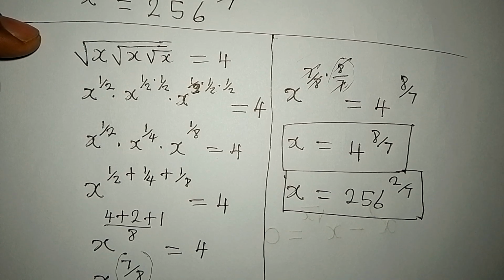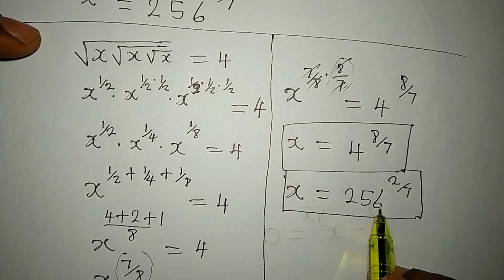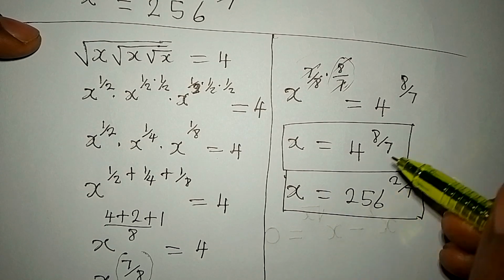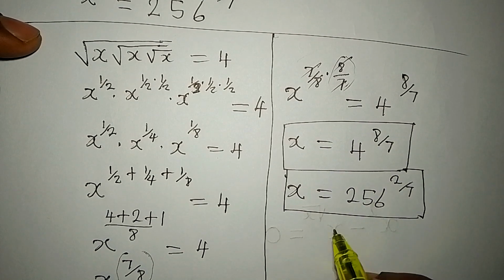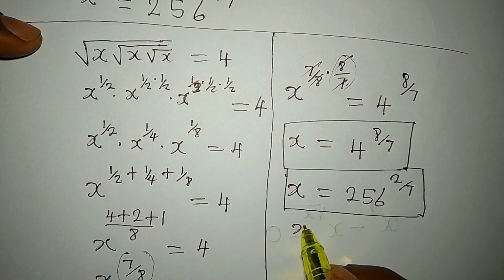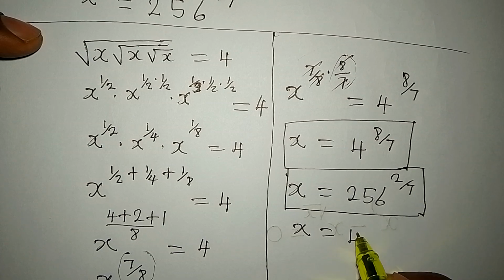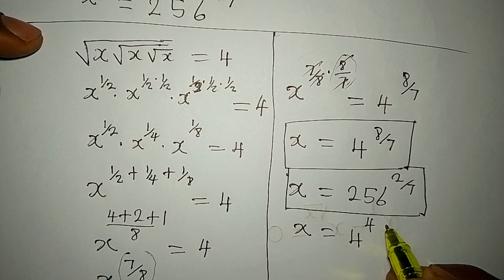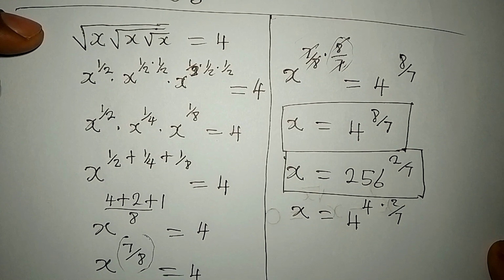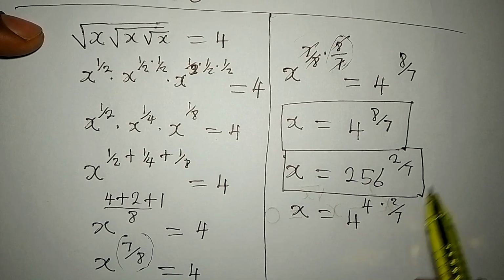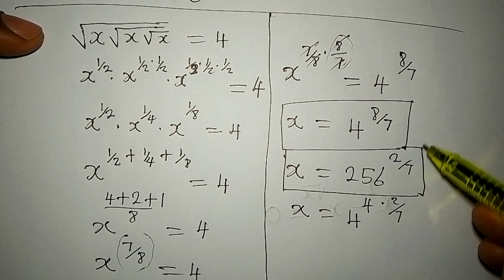And I will let you know that they are the same, because let me break this second value down. 4 to the power of 8 over 7, I can break it as x being equal to 4 to the power of 4 multiplied by 2 over 7. I can break it this way because 4 times 2 will still give me the 8, and the 7 is there.